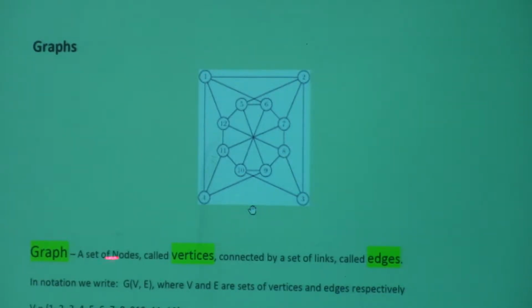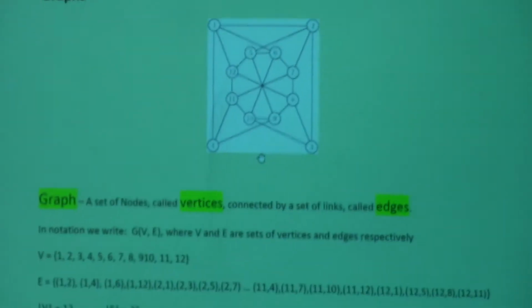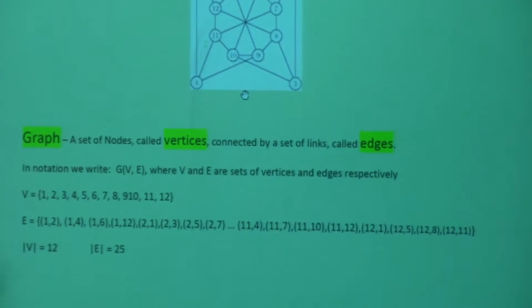So a graph is a set of nodes called the vertices, which are all the circles, and the set of links called edges. In this example, V is the set of vertices 1 through 12, and you can see circles 1 through 12 are the vertices that are interesting to us. The edges, for example, are a set of pairs.